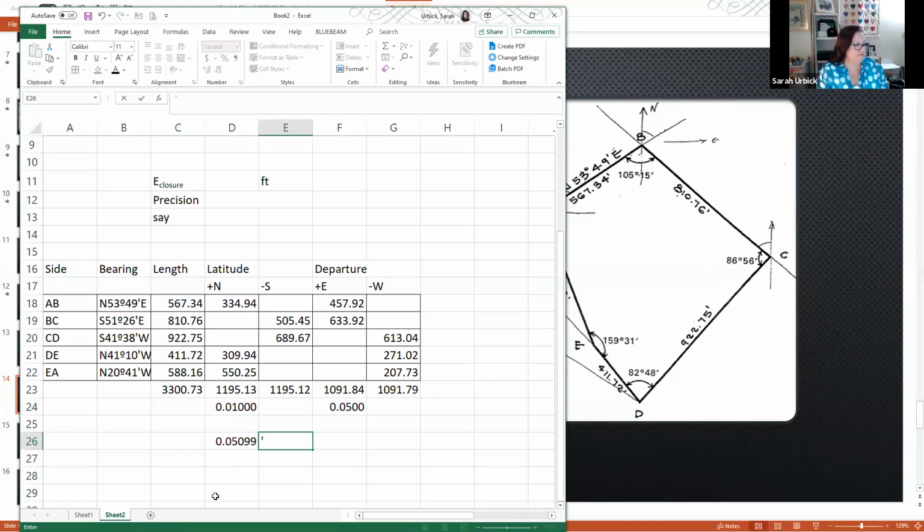So we would have 0.051 for 3,300.73. But our precision is usually reported as 1 for every so many feet, right? So I'd take my 3,300.73 and I would divide that.